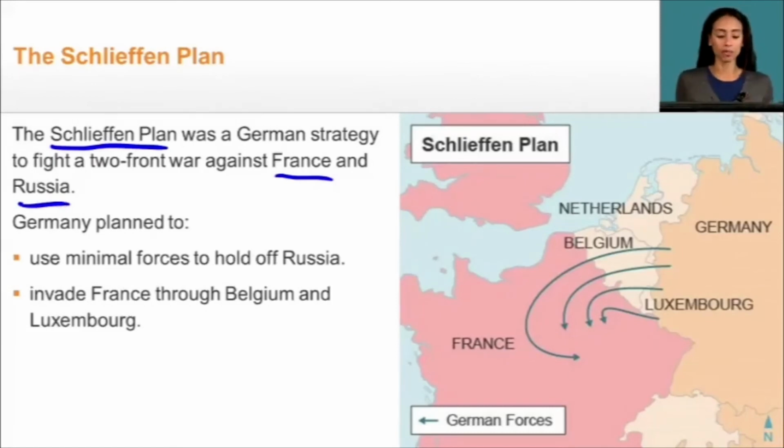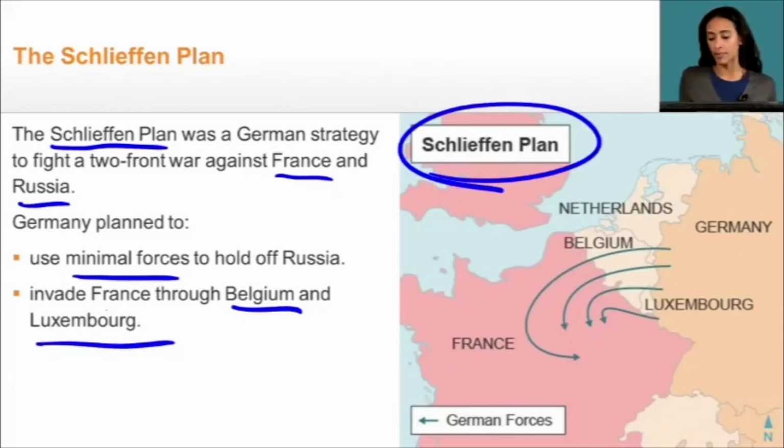Within this strategy, Germany planned to use minimal forces to hold off Russia and spend the early part of the conflict focusing on France and the Western Front, with the hopes of invading France through Belgium and Luxembourg. So you can see the map here of the Schlieffen Plan, and we can see that the German forces are hoping to get to France by going through Belgium and Luxembourg.